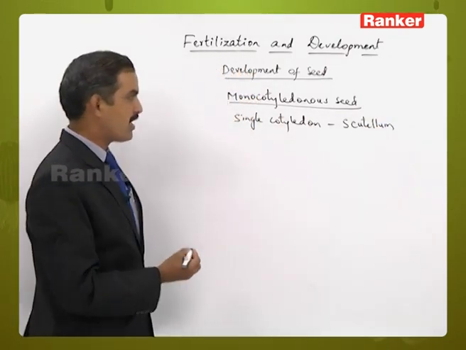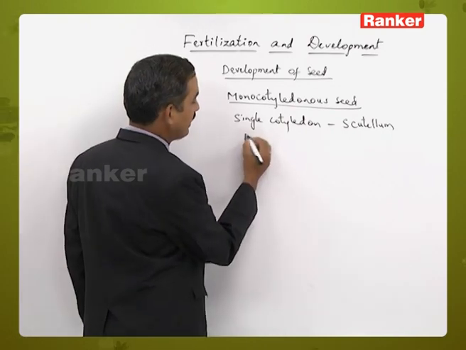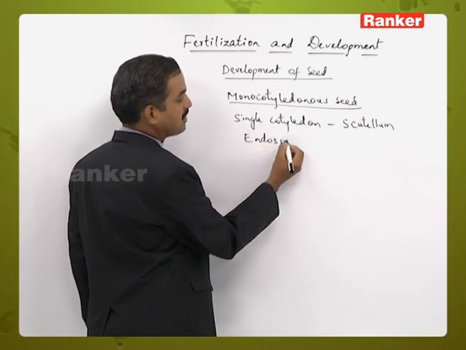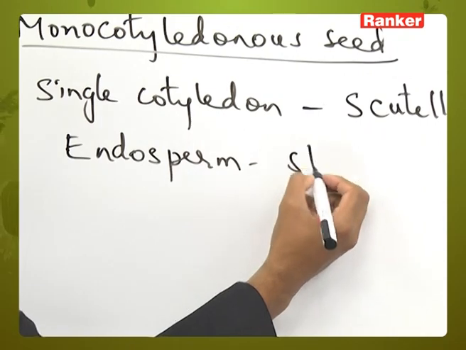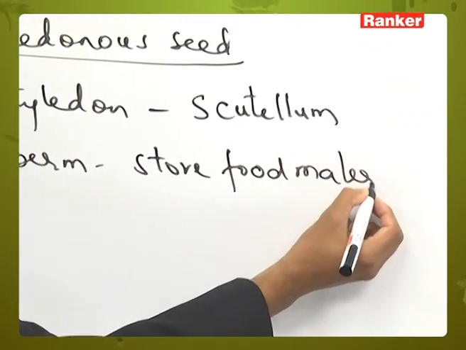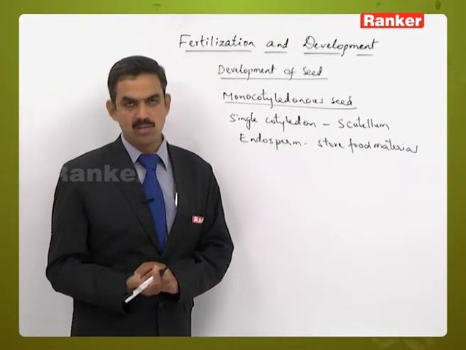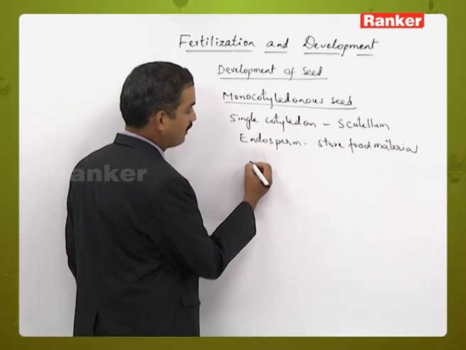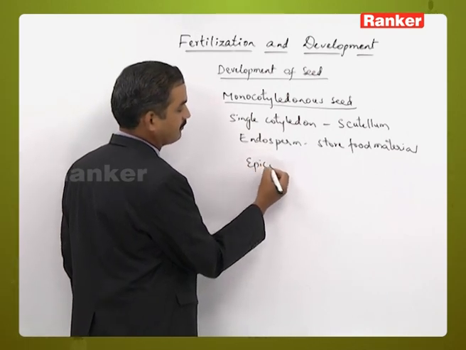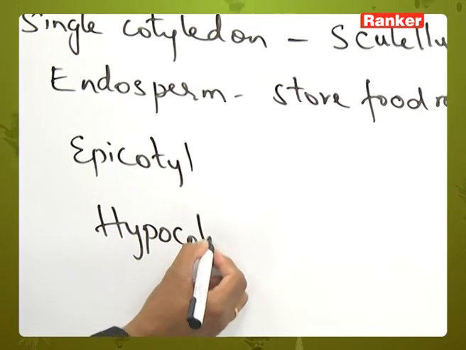In this, the majority of the portion of the monocot seed is occupied by the endosperm, which is the part that stores the food materials. In this monocot seed also, we can see the presence of epicotyle and hypocotyle.